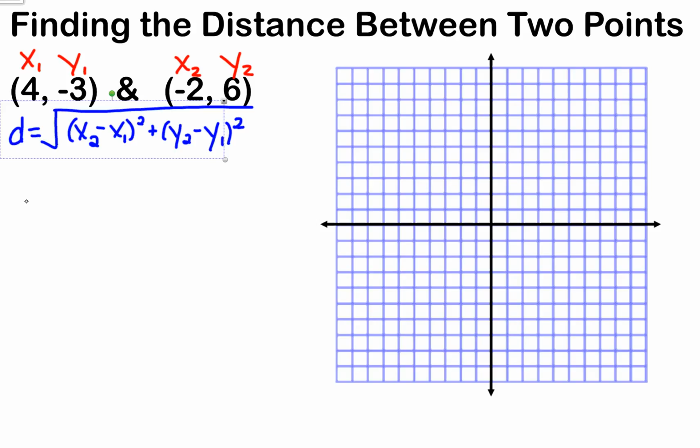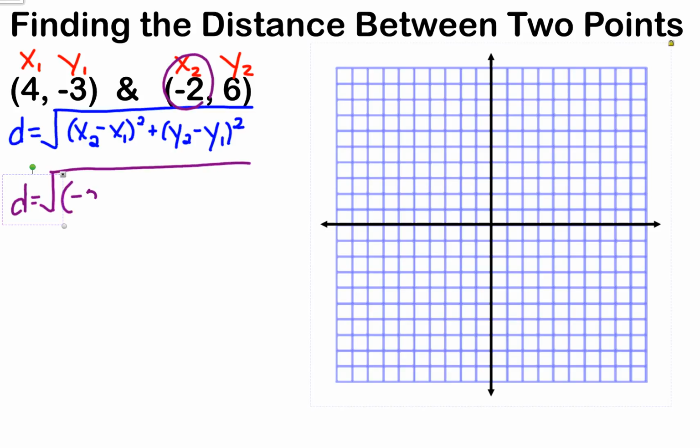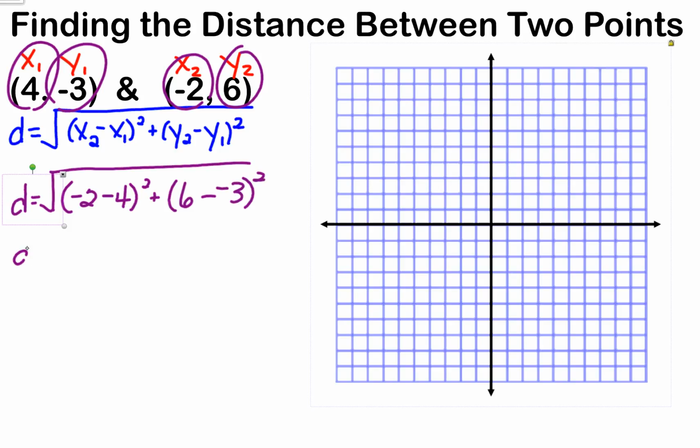And now I'll substitute into that distance formula. I need to take my x2, which is -2, minus my x1, which is 4. I'll add that to my y2, which is 6, minus my y1, which is -3, and I'll square it. I'll get that distance is equal to the square root of -6 squared plus 9 squared.